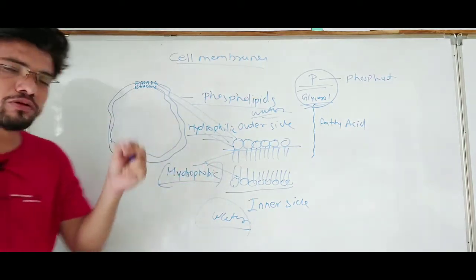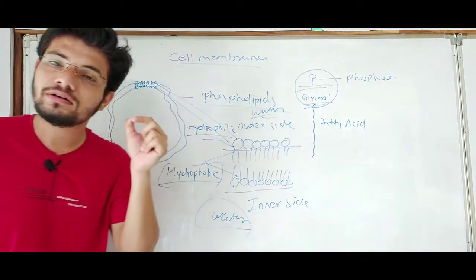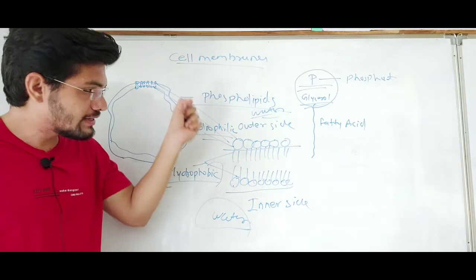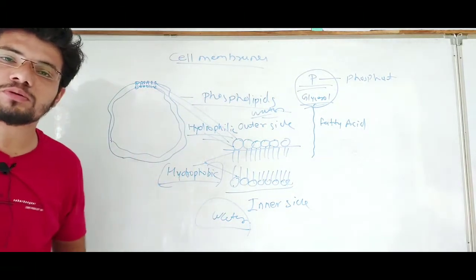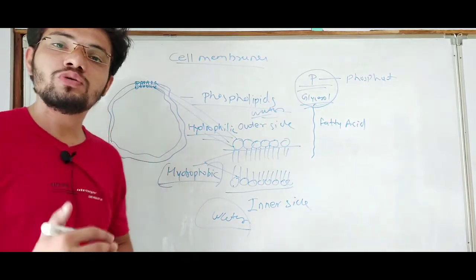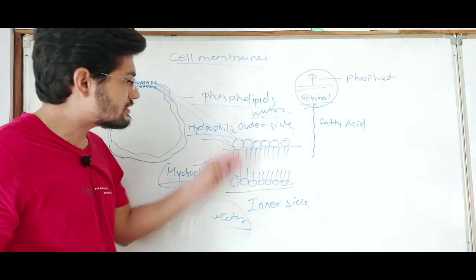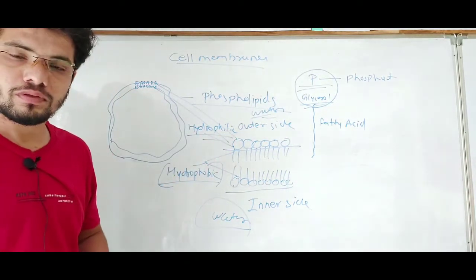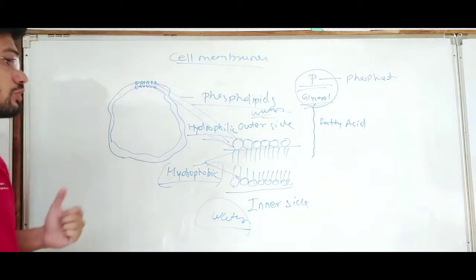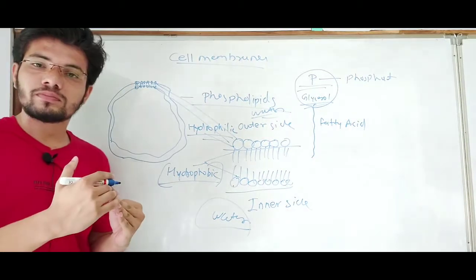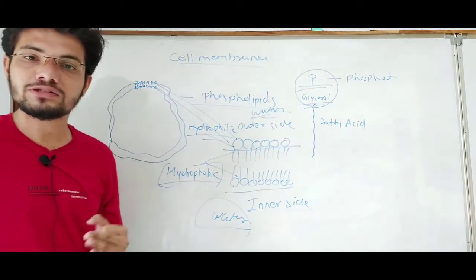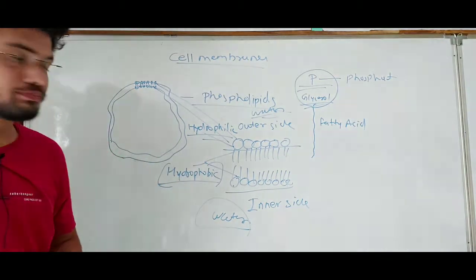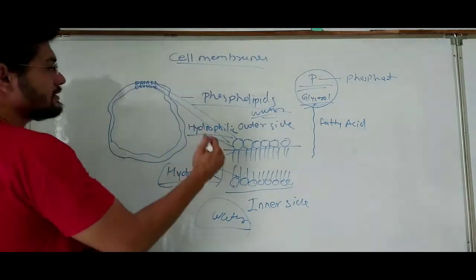Only particular types of molecules are allowed to enter the cell through the membrane, and particular types of molecules are allowed to go outside. That process of transport from one side of the cell to the other is known as cell transport.